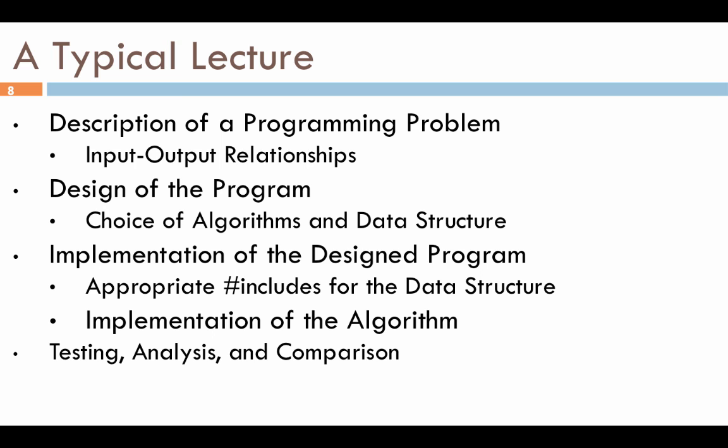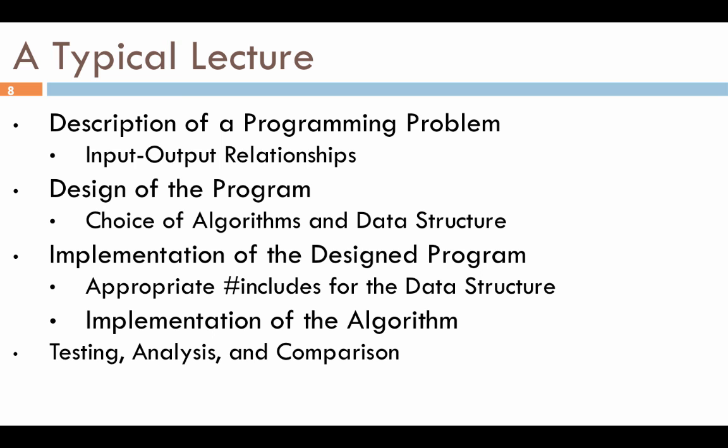And this programming exercise will be explained to you clearly by way of specific input-output relationships. After understanding the programming problem, we will design the program, and when we design the program, we will essentially make a choice of the appropriate algorithms and the appropriate data structure. Then we will move on to the implementation of the designed program. What is an implementation?